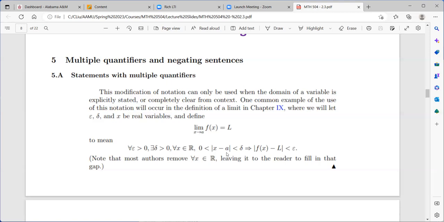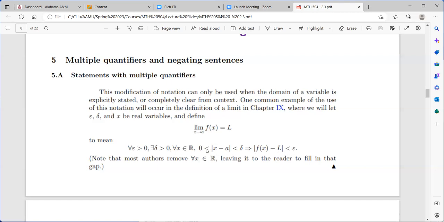This definition of limit essentially means you can get the function value as close as you want to L, so less than epsilon for arbitrary epsilon greater than 0. This epsilon can be arbitrarily small. So this conclusion, this statement Q, essentially means that you can get as close as you want to L.